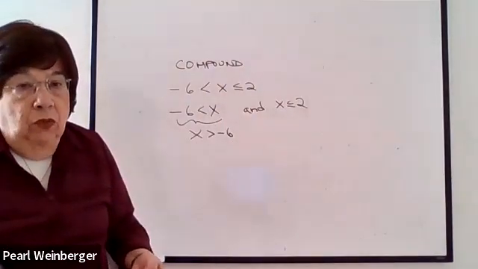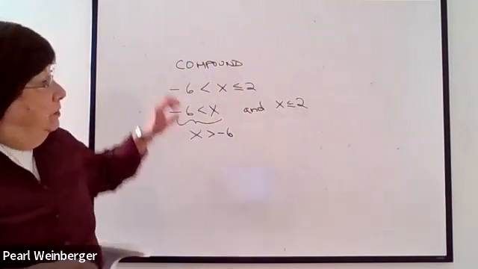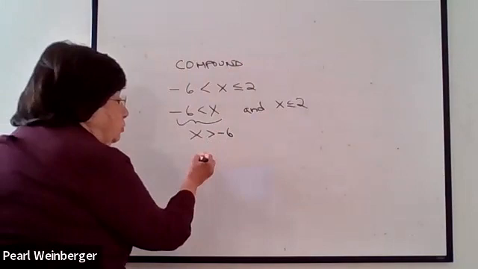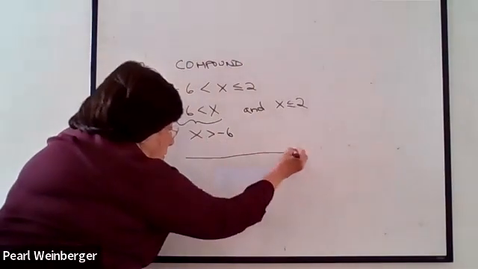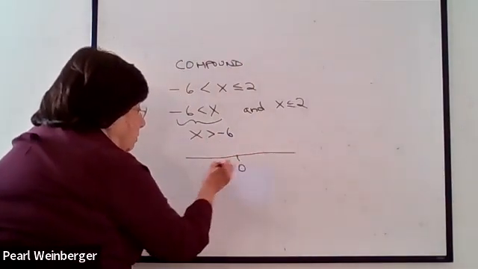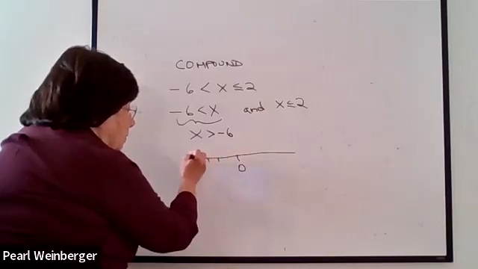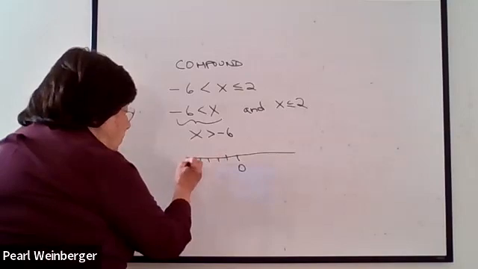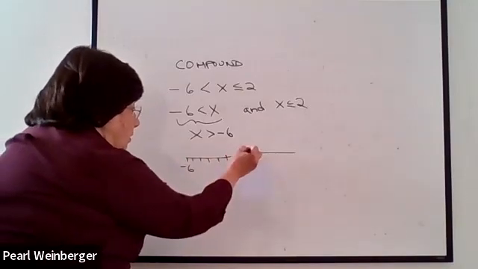Now, what does that really mean? Obviously, this is a much quicker way to write it. Well, let's look at our number line. I'm going to put both of these numbers on the number line. Here's my -6, and here's my 2.